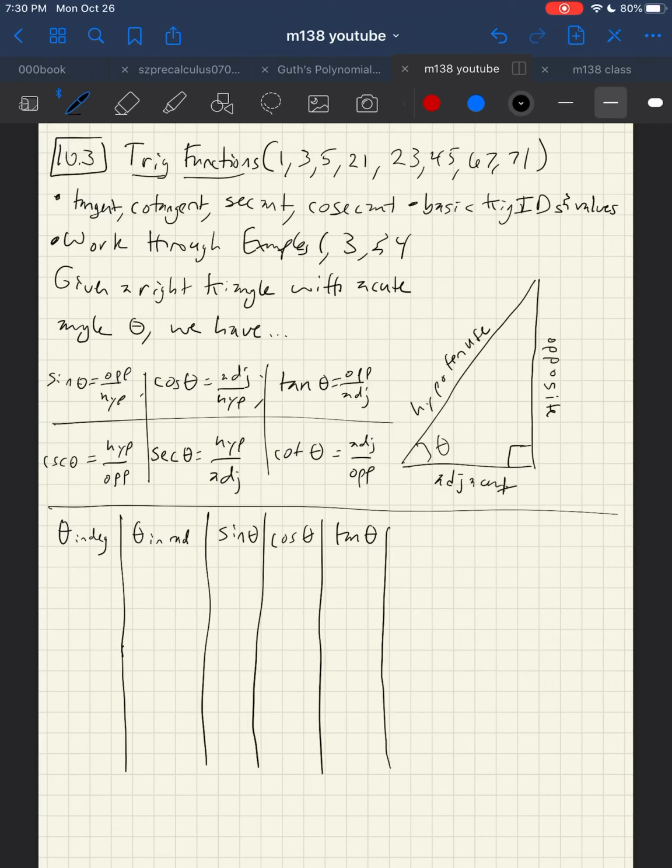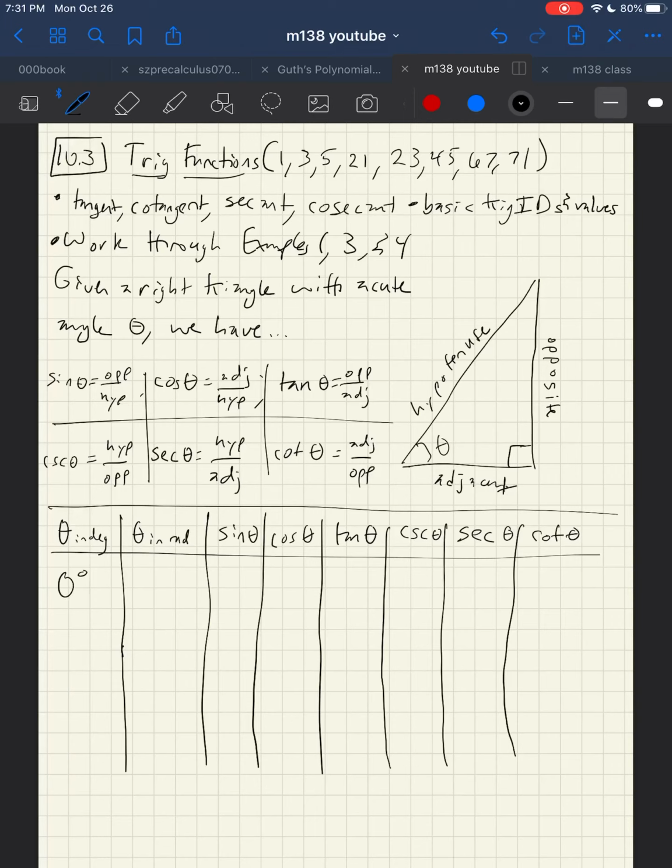And then we're going to move on to cosecant theta, secant theta, and finally cotangent theta. We've got 0 degrees, 30 degrees, 45 degrees, 60 degrees, and finally 90 degrees.